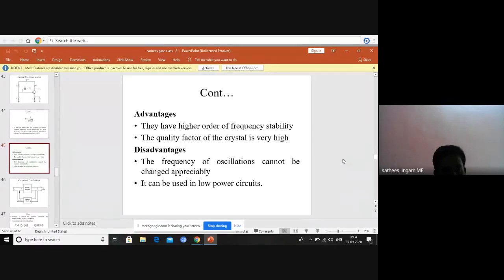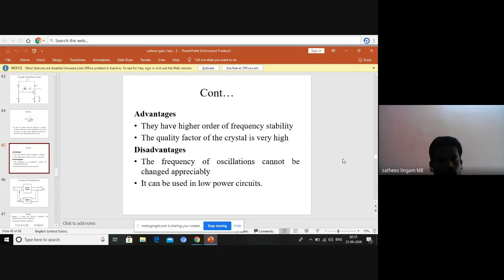Mostly we use 12 megahertz in the microprocessor. If you go to some other advanced microprocessor, there we should use some other oscillator frequency. At that time we should remove that particular crystal oscillator and use another frequency crystal oscillator instead of the 12 megahertz one.